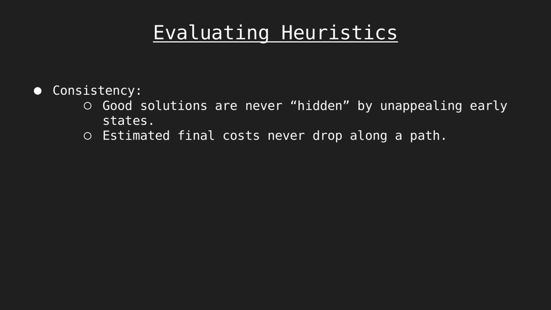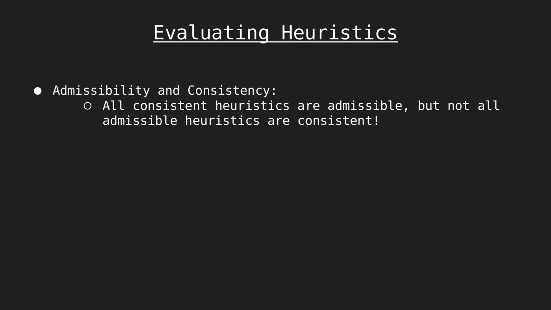The point of consistent heuristics is that they never hide good solutions by giving the first state in a good path a higher estimated final cost than a later state in that path would have. I'll talk about why this is important to the A* search algorithm later as well. Please note that all consistent heuristics are by definition admissible, but not all admissible heuristics are consistent.